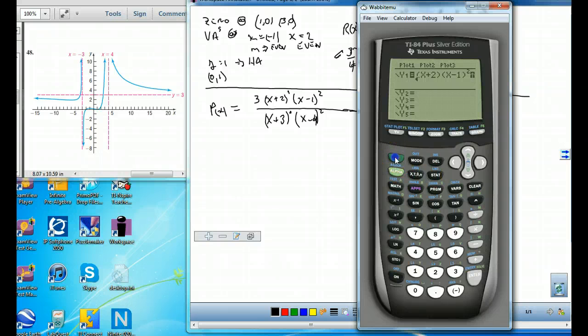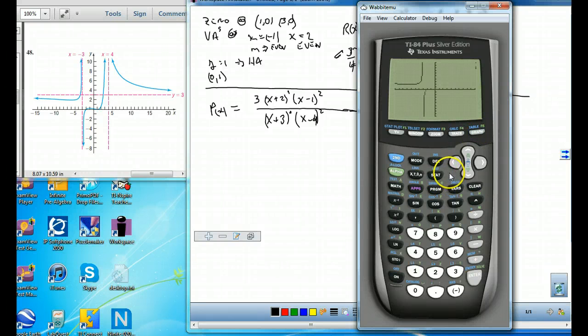Okay, I'm going to brace the upstairs, divide, and brace the downstairs, the denominator. My factors are x plus 3 times x minus 4, quantity squared. Okay, let's close that. Okay, I'm going to go ahead and graph it.